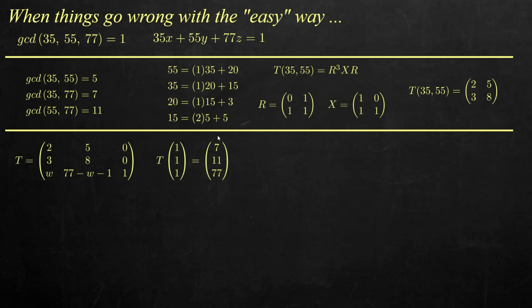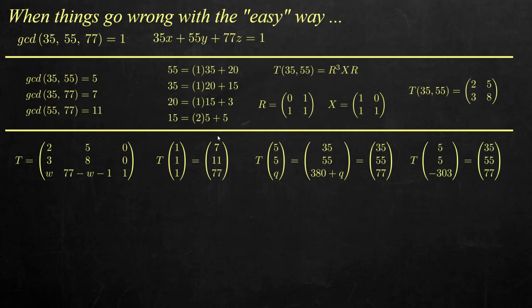This matrix will map the vector (1, 1, 1) to (7, 11, 77), where 7 is 35 over 5 and 11 is 55 over 5. To correct this, we find a vector (5, 5q) that this matrix maps to (35, 55, 77).